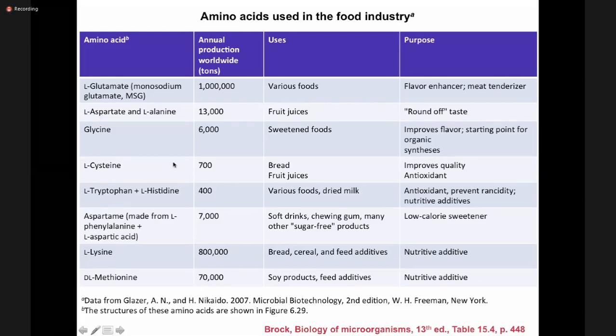Glutamate is a very famous flavor enhancer.